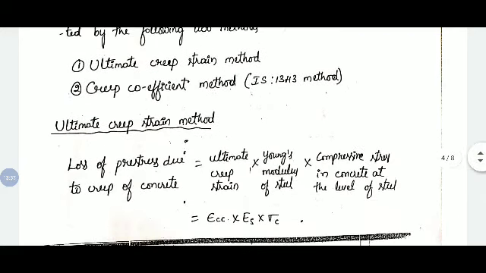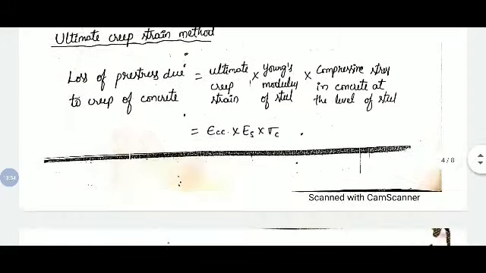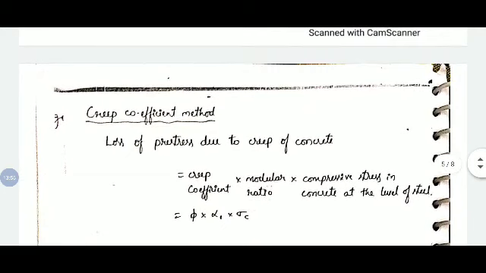If you observe the formula for the ultimate creep strain method, we have ultimate creep strain times Young's modulus of steel times compressive stress in concrete at the level of steel, that is sigma c, which we calculated in the beginning. And for the creep coefficient method: creep coefficient, modular ratio, and compressive stress in concrete at the level of steel.